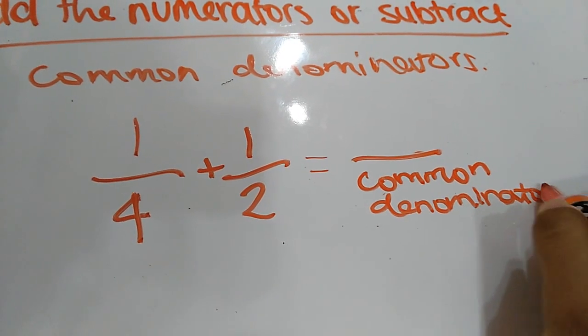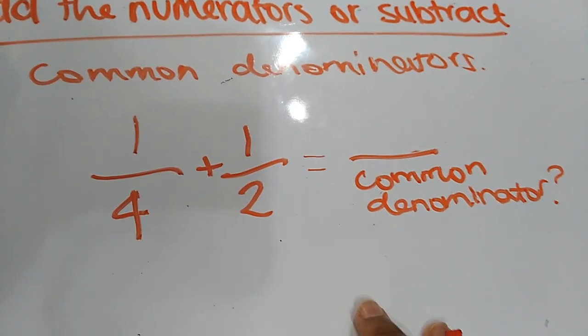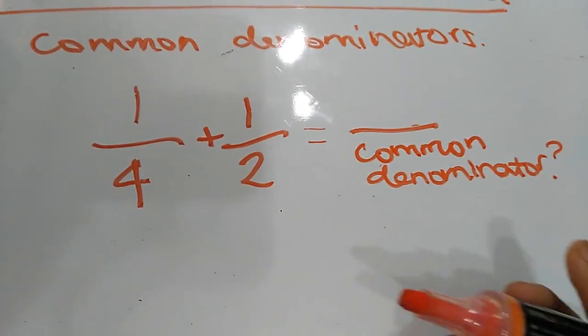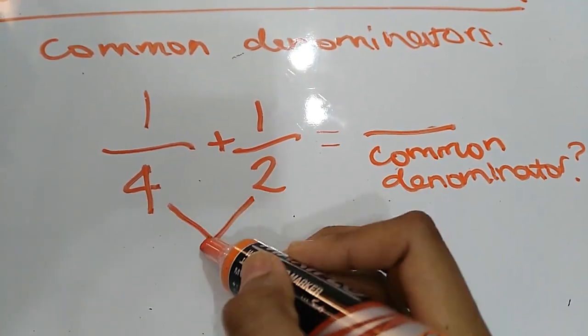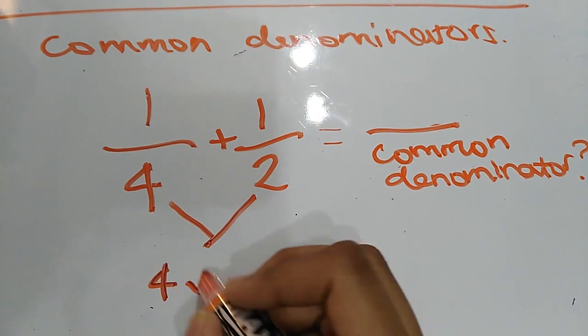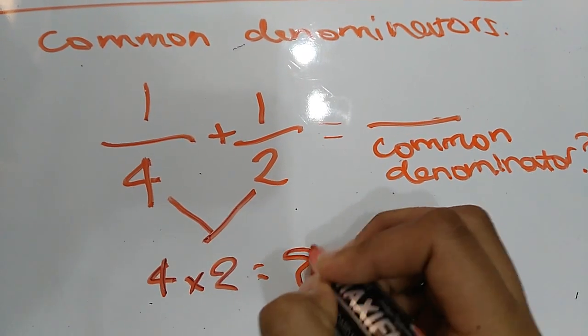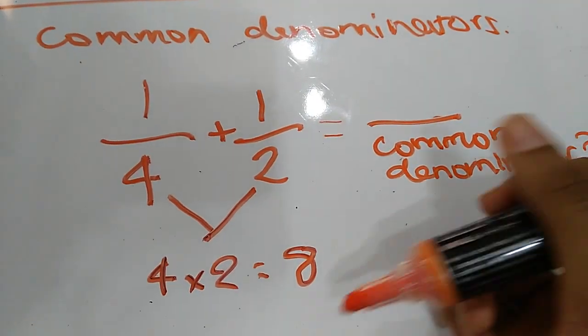But how do you do this? Well, one of the easiest ways to work out the common denominator is to just multiply the two denominators together. So 4 times 2 is 8. So that's a common denominator.